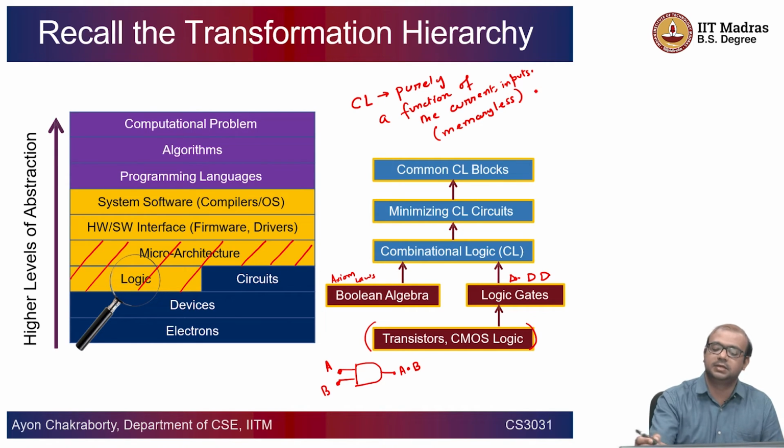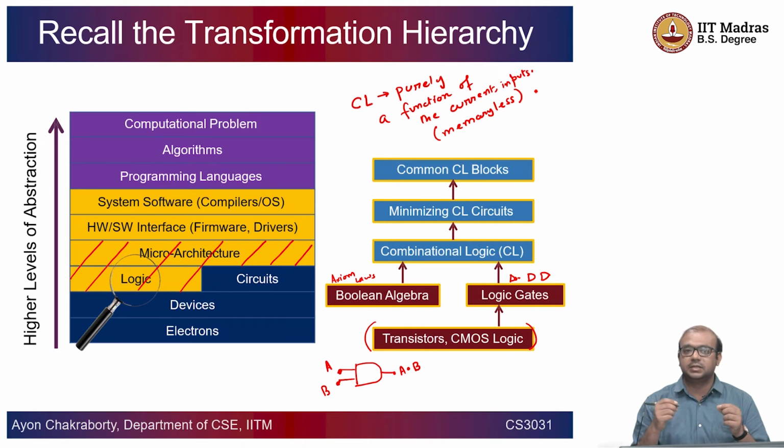The word memoryless here is used because it does not retain any information from the state when the previous set of inputs was given. So think of an adder circuit. If you try to add 4 and 2, the output is 6, right? The next time you want to add 2 and 7, the output is 9, right? So 4 plus 2 is 6, and 7 plus 2 is 9. These two computations are completely independent of each other.